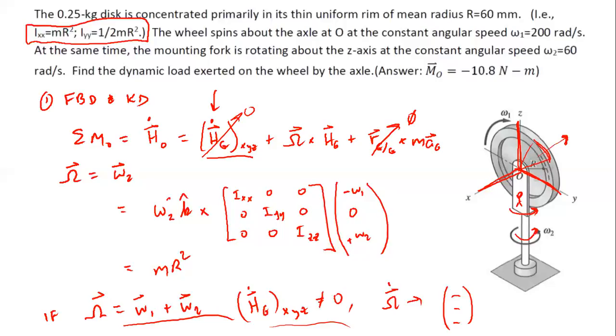The disk is so symmetric that no matter how it's rotated with respect to that XYZ, the IXX is still mr squared, and the IYY is still 1/2 mr squared.